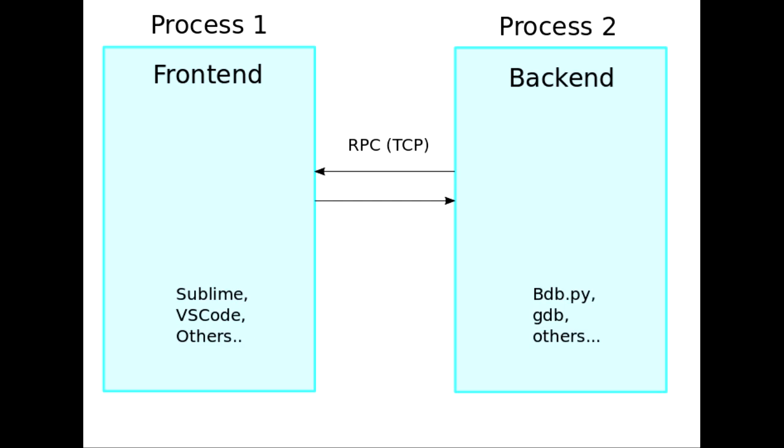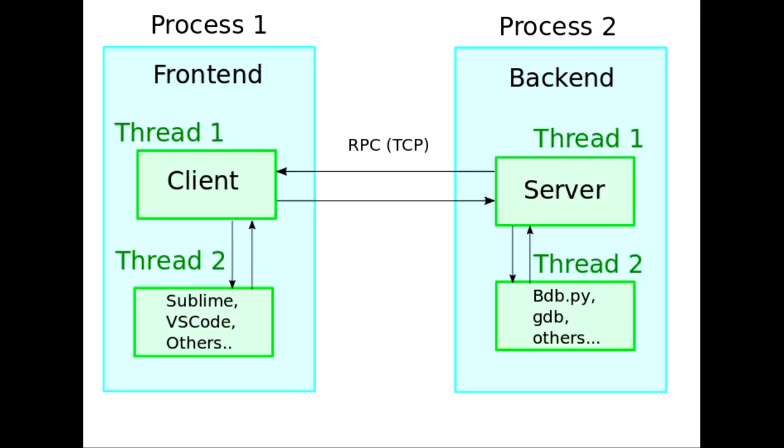In the case of the back-end, it has to run the code and retrieve information. These two tasks that each process has to do have to be performed simultaneously. For example, we cannot block the user from using the text editor if we are waiting for the user to enter a command. For that reason, each of the processes will have to run two threads each.